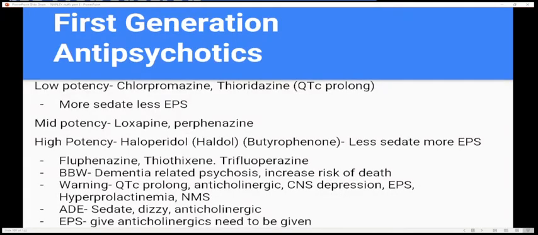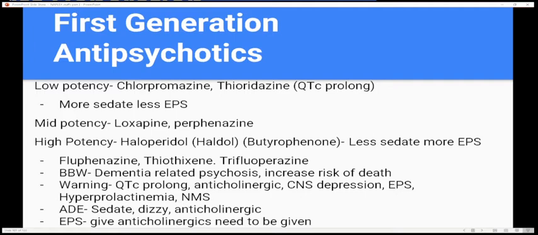First generation antipsychotics, they probably won't ask you much about these, except maybe Haldol. It's known that the low potency ones cause more sedation than the high potency. That might be the only thing they ask you there. Black box warning for the high potency, such as Haldol or haloperidol: dementia-related psychosis and increased risk of death.